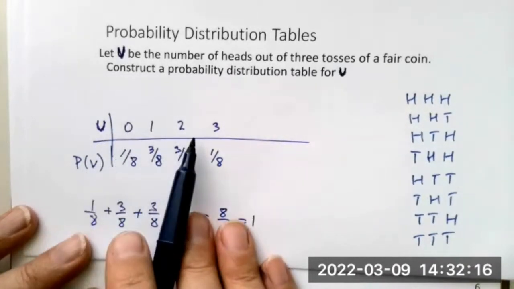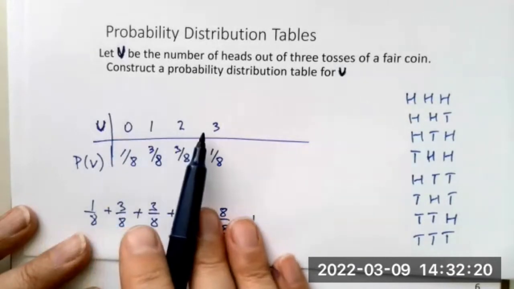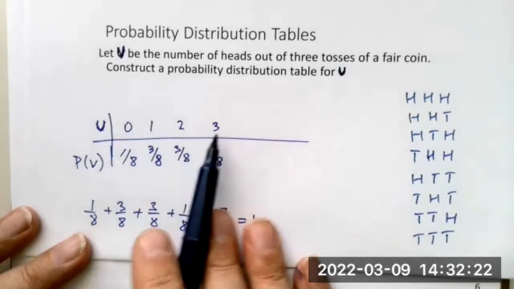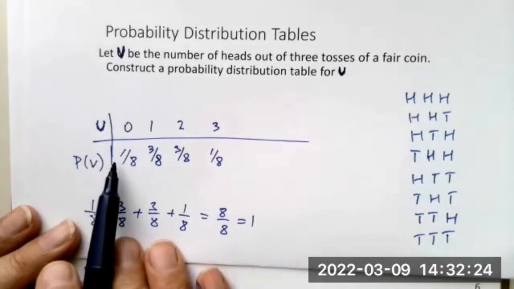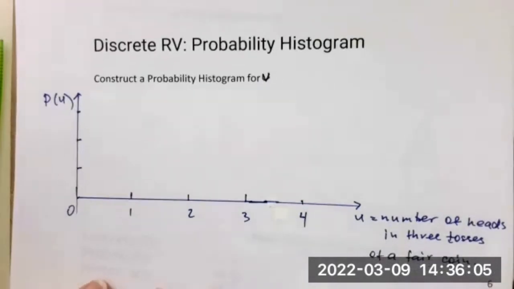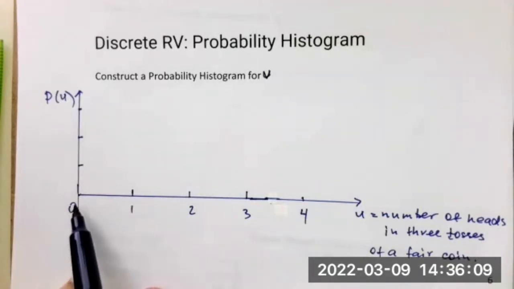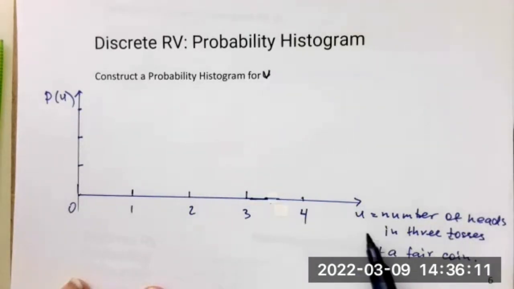These are our values for our random variable, and they go onto the x-axis. Now onto the y-axis, we're going to put the probabilities. So here we have our basis for a histogram. We have on the x-axis values for variable u, which is the number of heads in the 3 tosses of a fair coin.